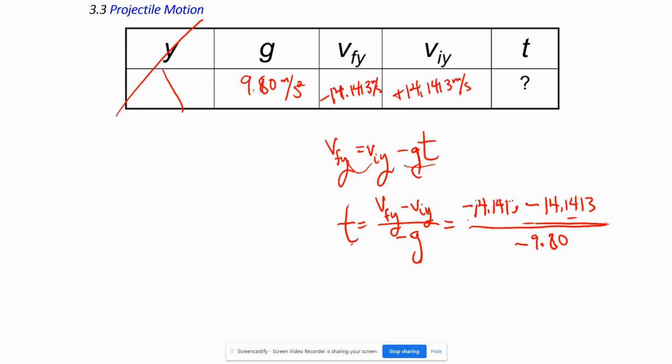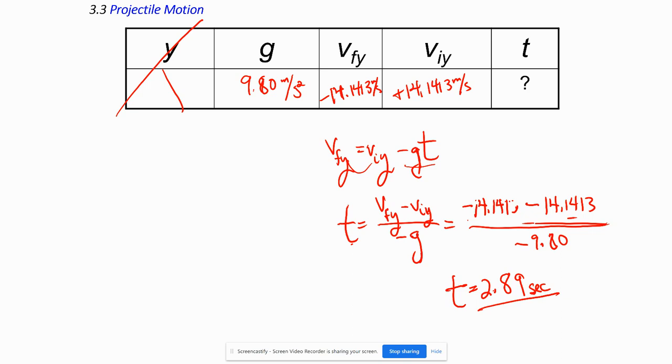So it's like I double the number and then divide by 9.8. I have this number saved, so I multiply by 2 and divide by 9.8. The negatives cancel, so we get a positive time. My time would be 2.8, I'll round it to 3 sig figs, 2.89 seconds.